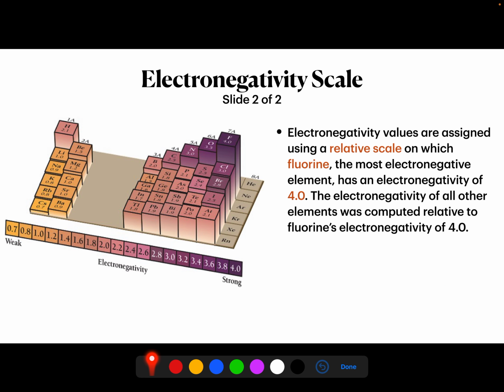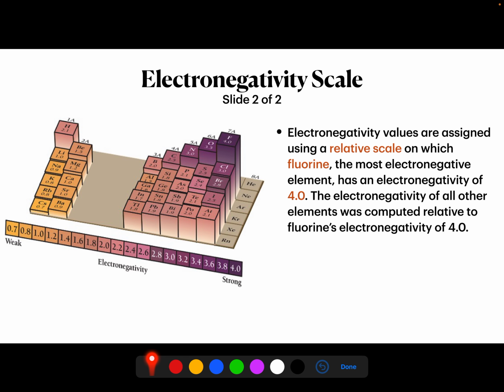Okay, so let's look at this electronegativity scale. The scale was first described by a pretty important chemist, Linus Pauling. He is super important in biology too. He made some really important discoveries, and his contributions to chemistry and biology are amazing. He came up with this way of describing electronegativity, and he used a relative scale.